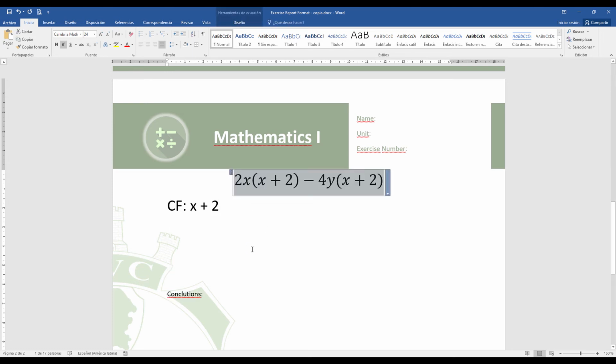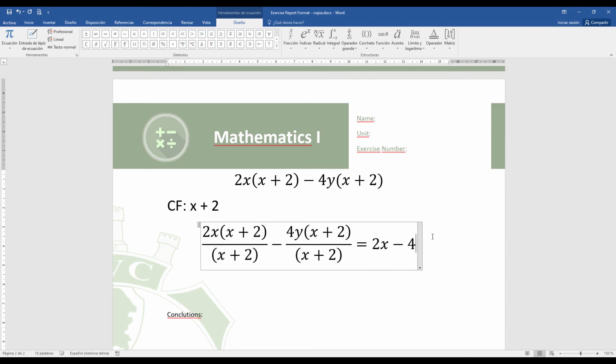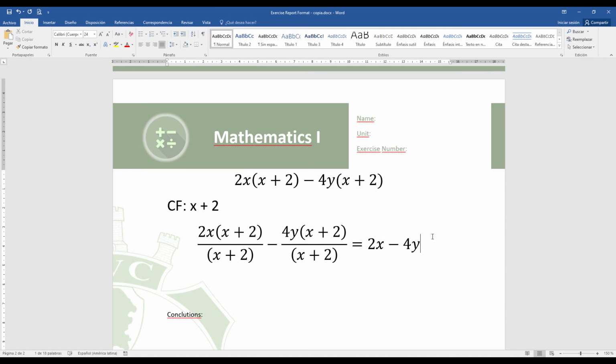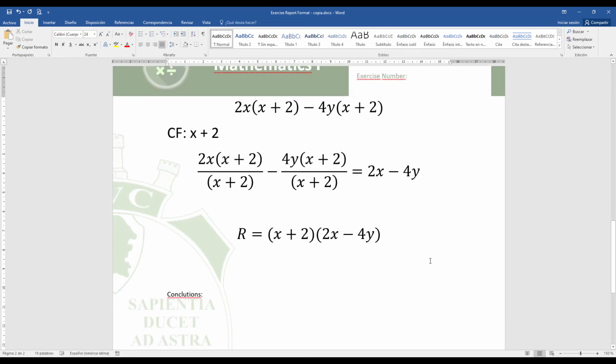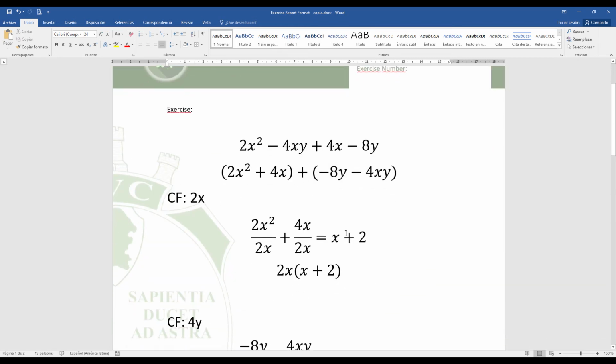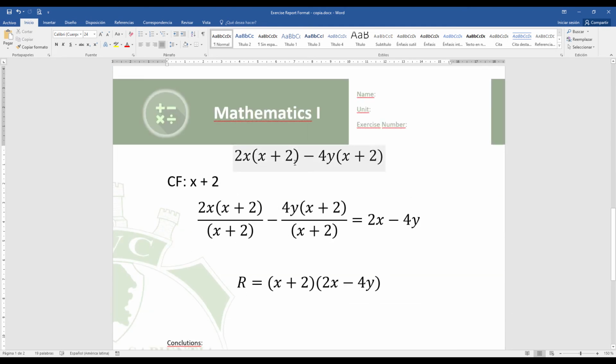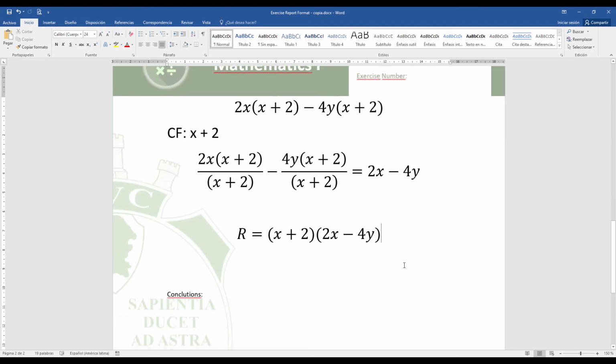So you need to divide all the expression. So the result is 2x for y, and the result of the division, remember, is the common factor multiplying by the result of that division. Again, in that kind of exercises you need to group, and every group you need to factorize and join the results and look for another common factor again.